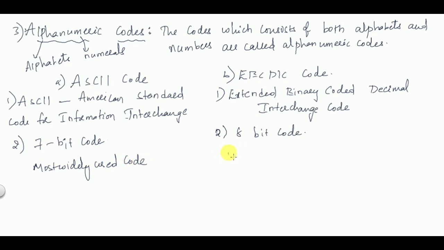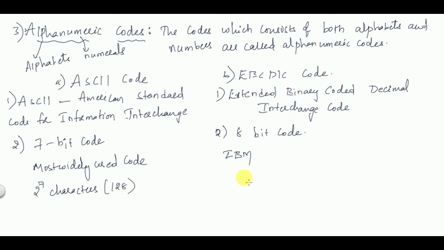ASCII is the most widely used code, mostly used in IBM computers. Since it is a 7-bit code, it has 2 power 7, that is 128 characters.